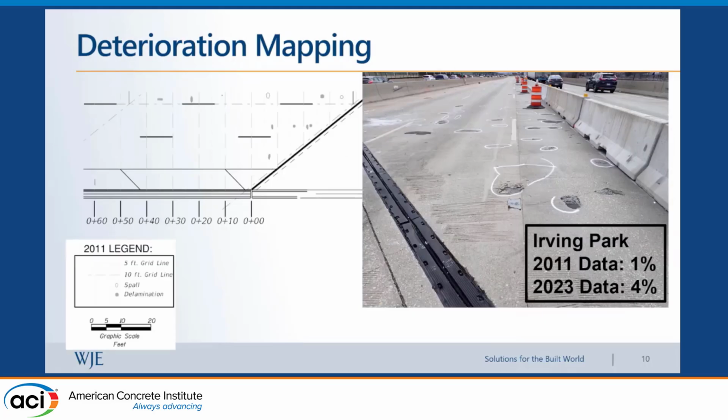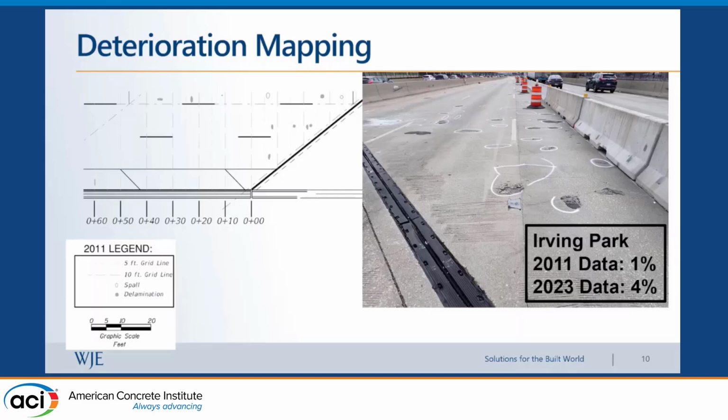And then for each of those field investigations, we mapped our observations on digital field sheets, like seen here on the top left of the screen. So we mapped all the cracking. This is kind of the limited locations of the delamination and spalls that we've seen. And for example, one of the bridges along the I-90 bridges here, Irving Park.